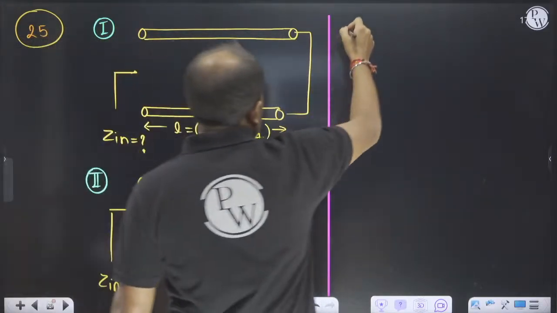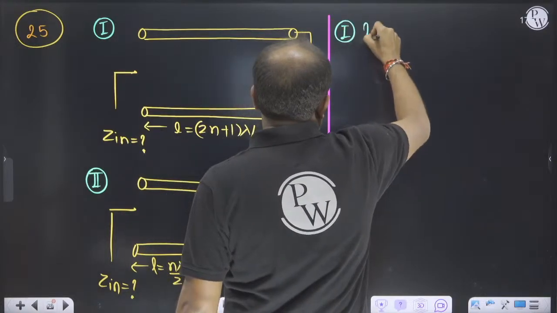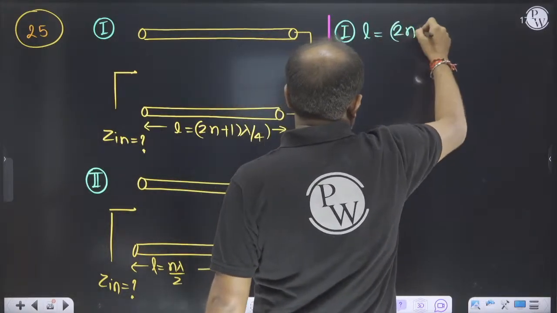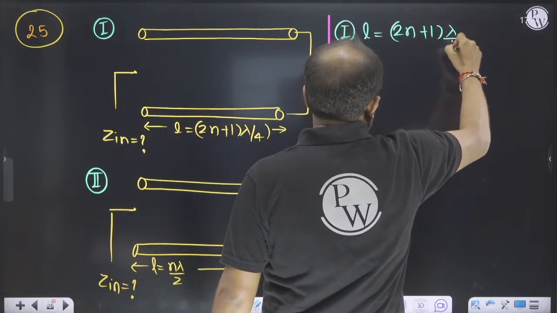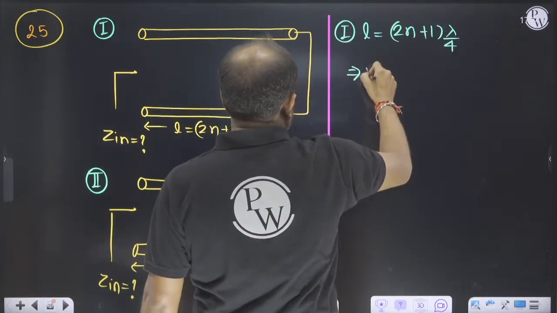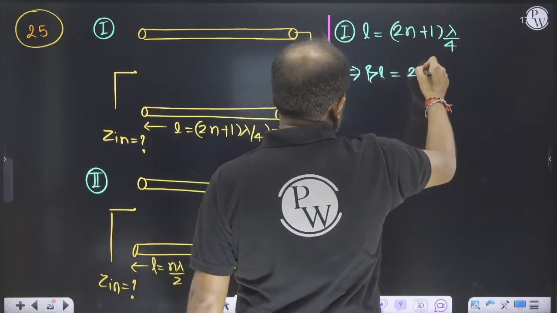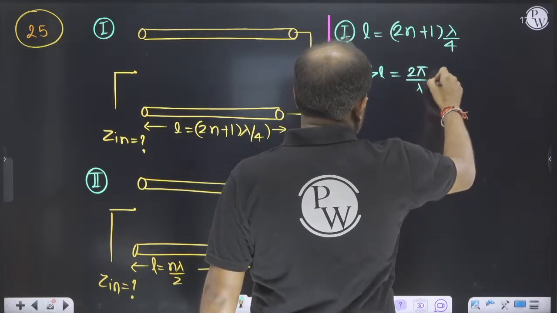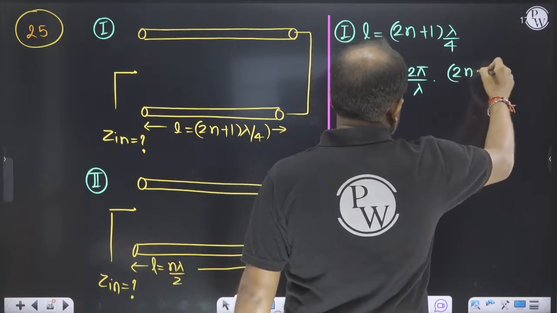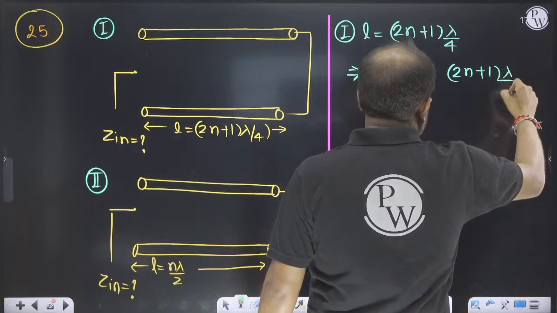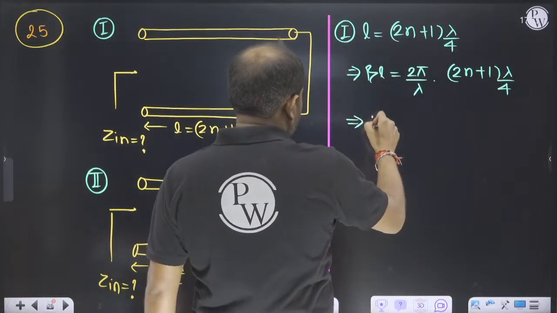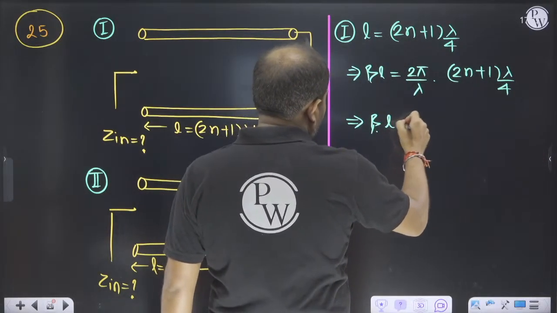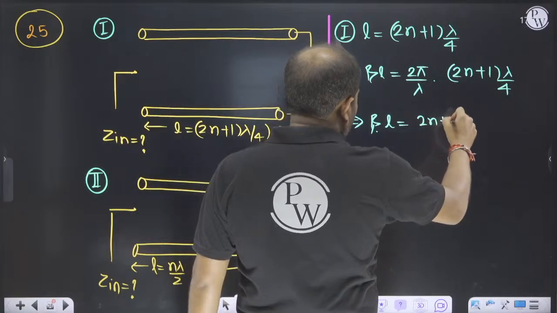So in case 1, length is odd multiple of lambda by 4. That means beta L will be equal to 2 pi by lambda into 2n plus 1 lambda by 4. So beta L will be equal to odd multiple of pi by 2.